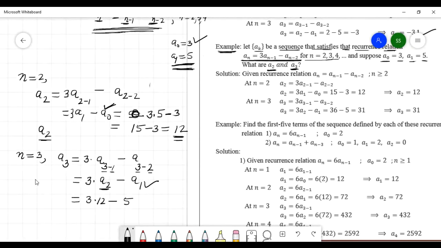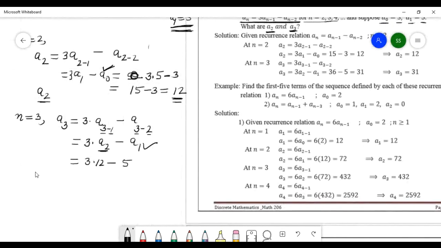Equal to what? 3 multiply 12 is 36, and minus 5 here equal to 31. So A3 equal to 31.